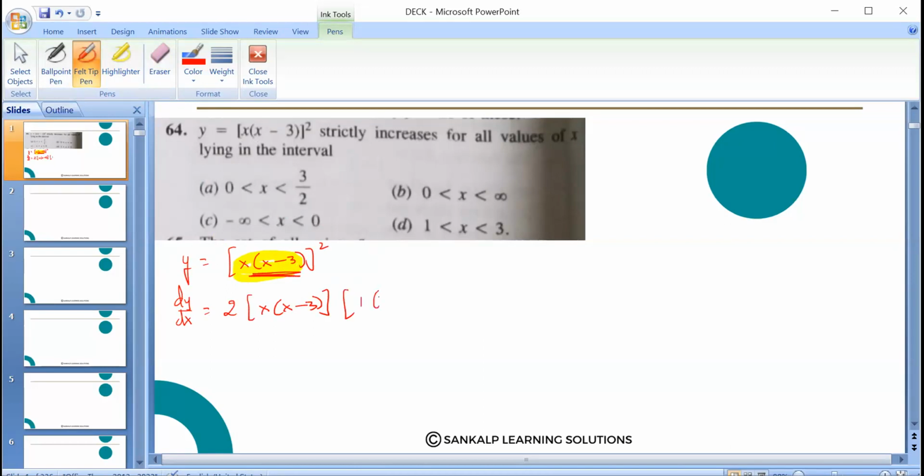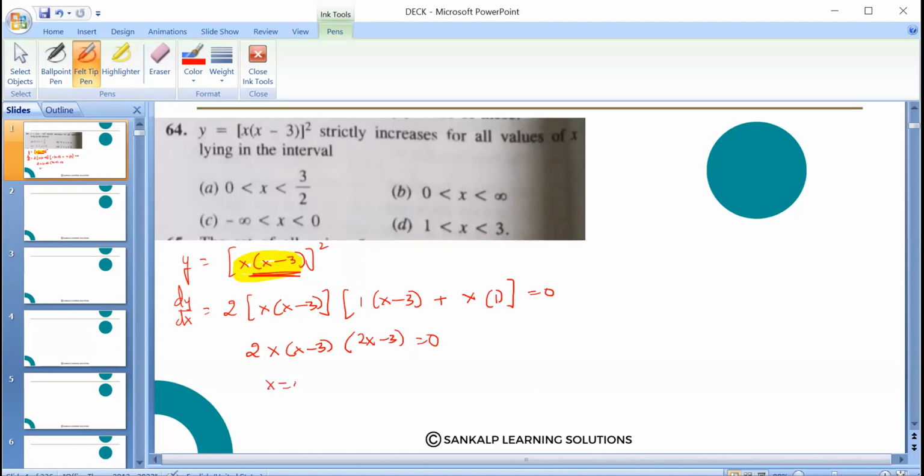Derivative of x is 1 into x minus 3 plus x into derivative of x minus 3 is 1. So this is the derivative which you set equal to 0. So 2 into x minus 3 into 2x minus 3 equal to 0.